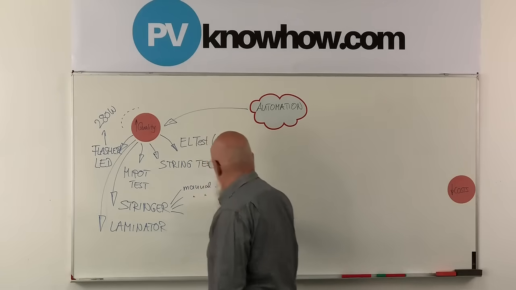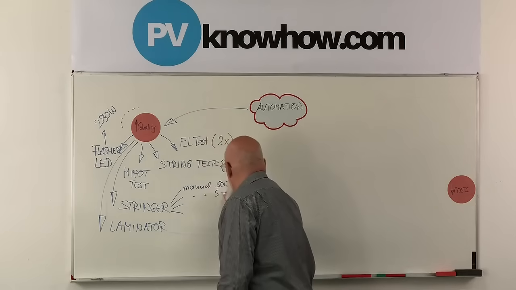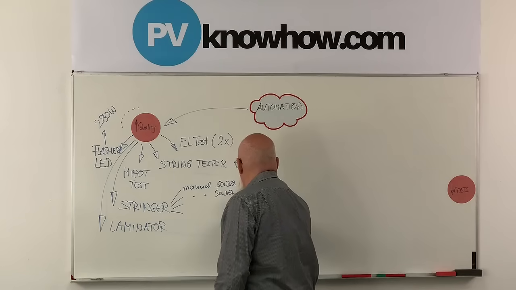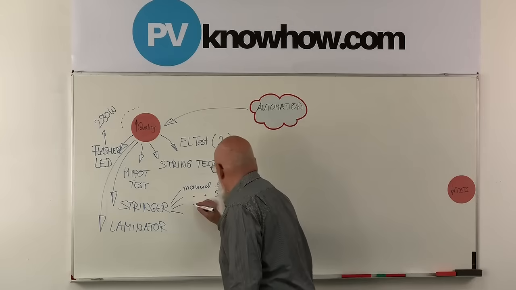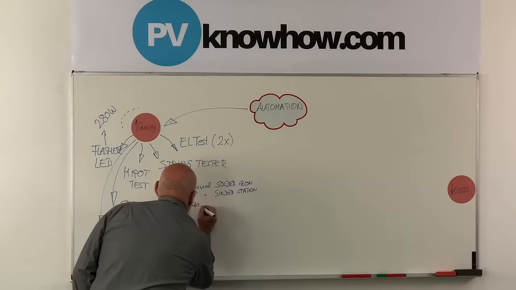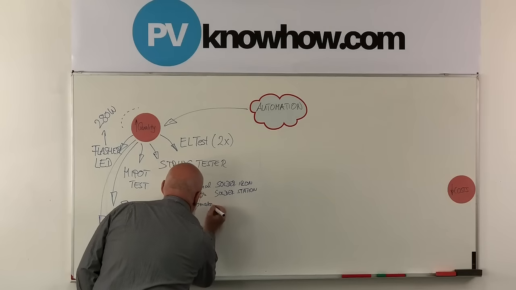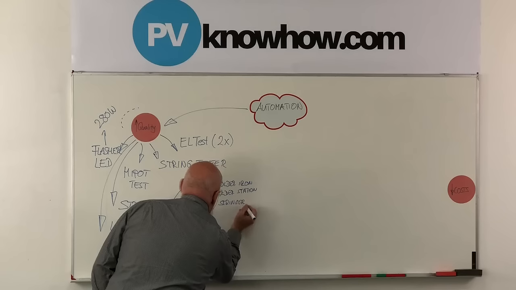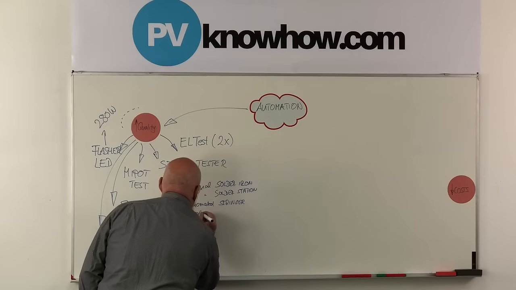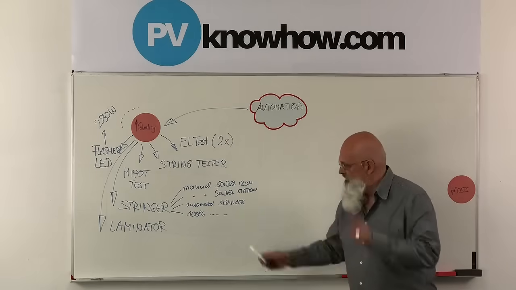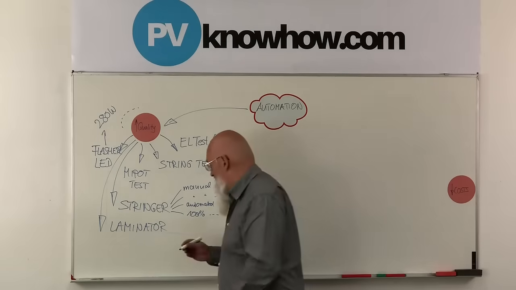It's manual with solder station. And it's automated. Automated with stringer. And it's 100% automated with stringer. So you see, you have 4 modes. With laminator you have only 2 possibilities.